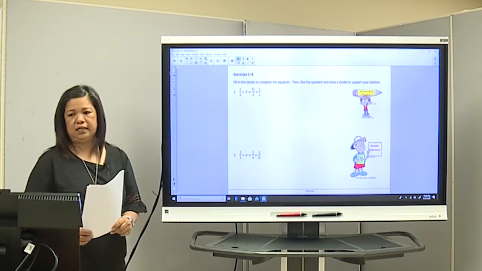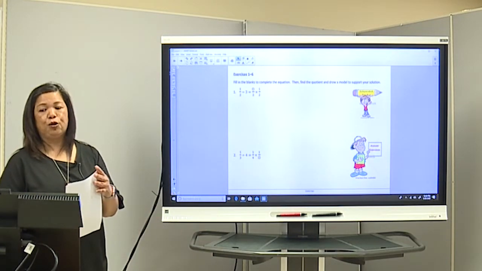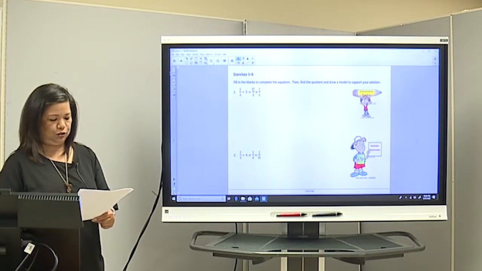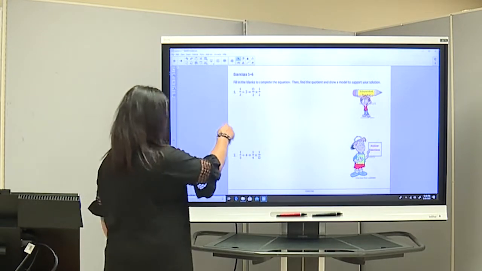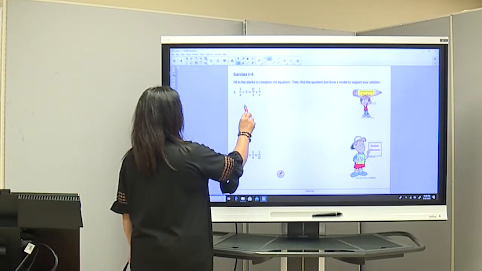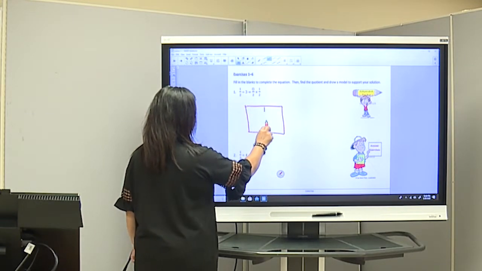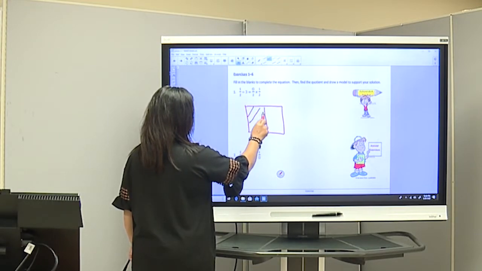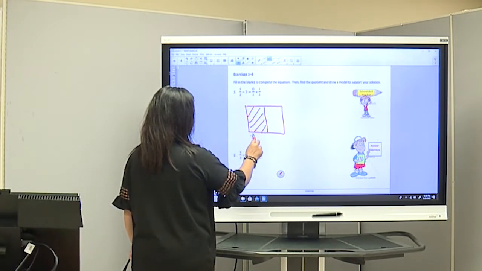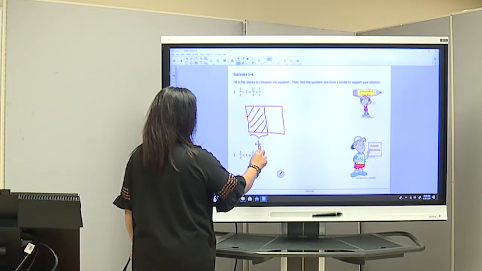So we're trying to find out what is missing there. Now remember, it says find the quotient and draw a model to support your solution. So what are we trying to divide? It says 1/2 divided by 3. So I'm going to start with a half here. This represents 1/2.